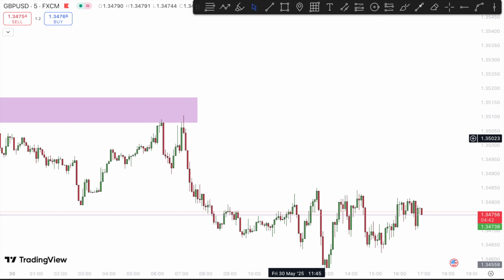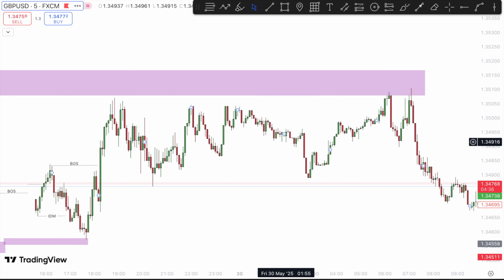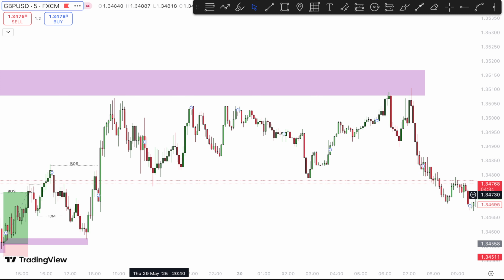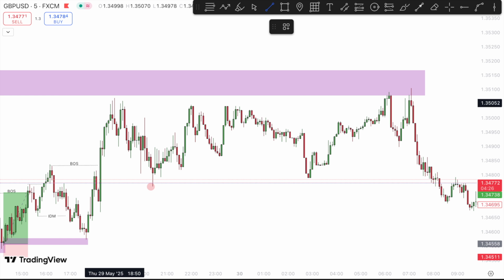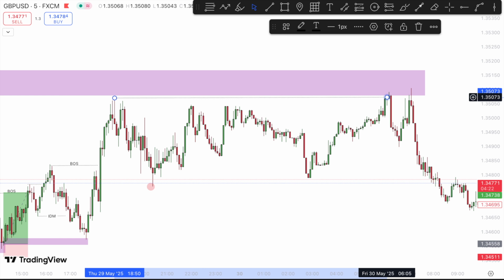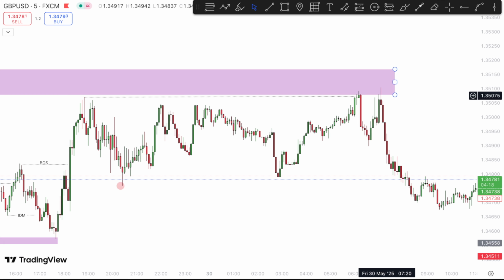I was telling you the inducement converts into change of character. This is the perfect example. So over here we would expect, the lowest point is this, right? The lowest point is over here, and then we would expect the price to give a break of structure from here. The price failed to move to the upside after giving a break of structure because there was this perfect order block with a fair value gap and the price reacted well.